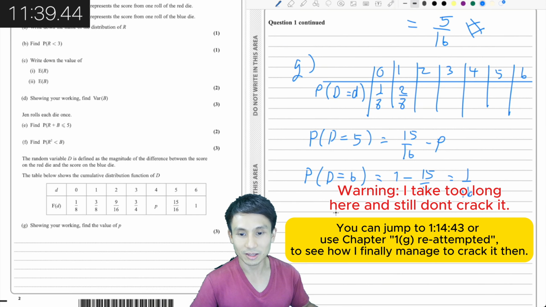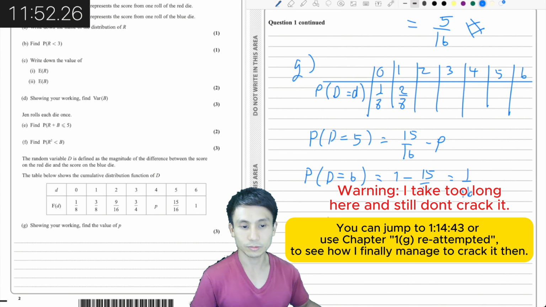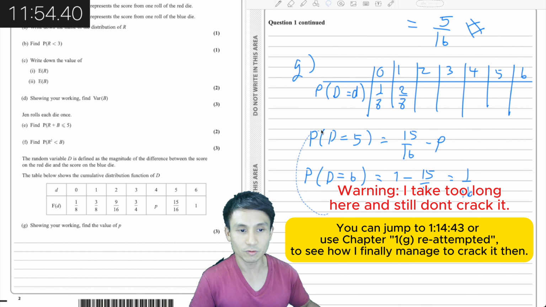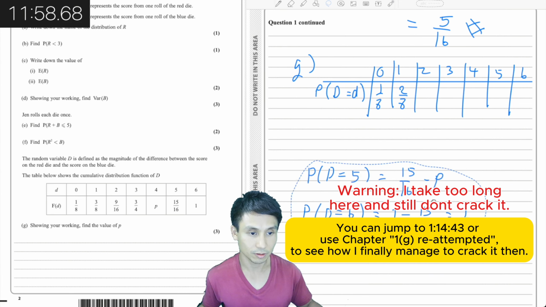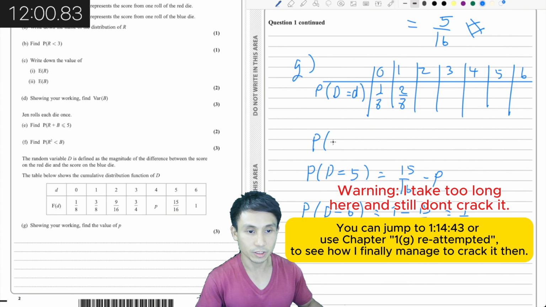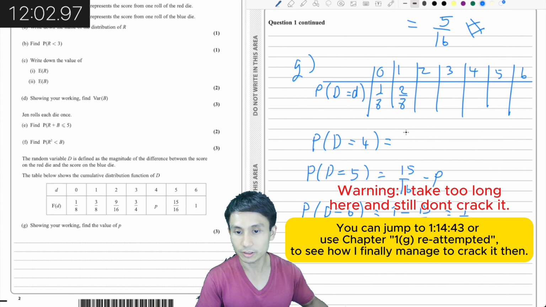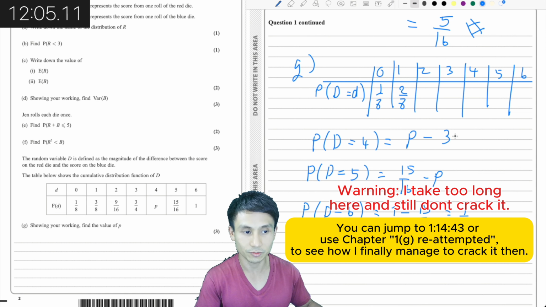So that means if I add f of 5, just the last value here, to... Wait, I need to get D equals 4 as well. Hang on, let me just try that. Okay, so P of D equals 4 here is going to be P minus 3 over 4.